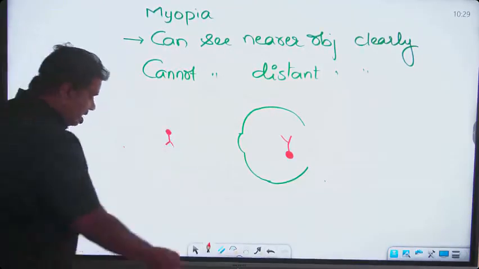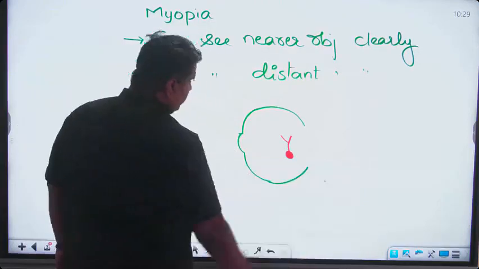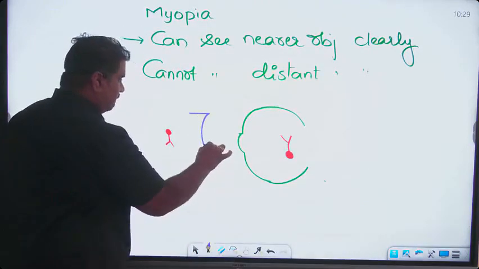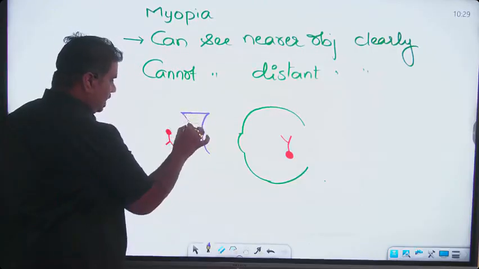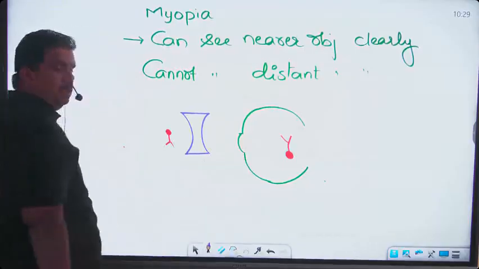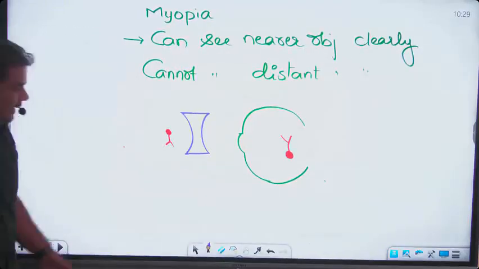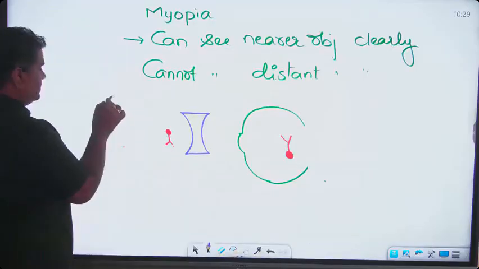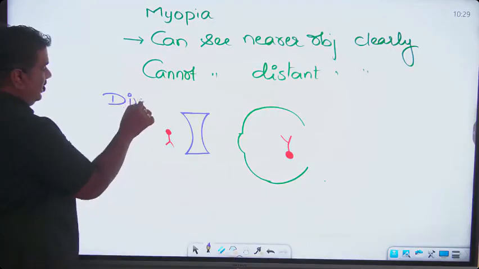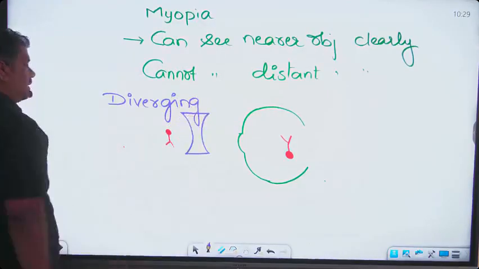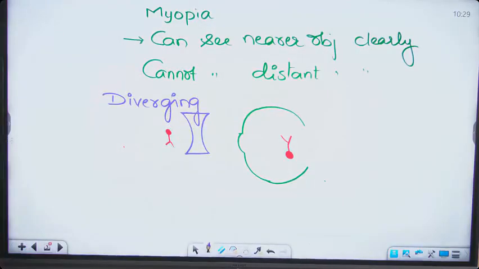Now, to rectify this particular problem, we place a concave lens in front of the eyeball. This concave lens is also known as a diverging lens.